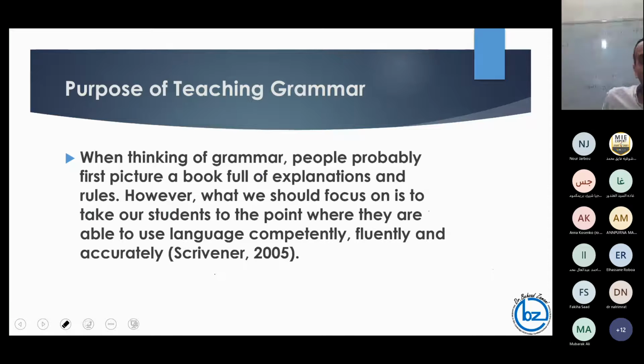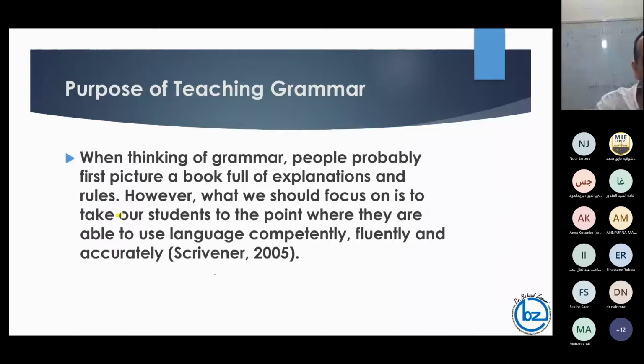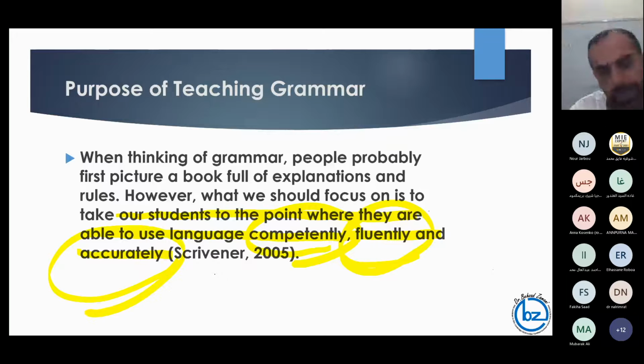However, what we should focus on is to take our students to the point where they're able to use language competently, fluently, and accurately. It's a definition by James Scrivener, 2005. So it's a matter of three words: competently, fluently, and accurately.